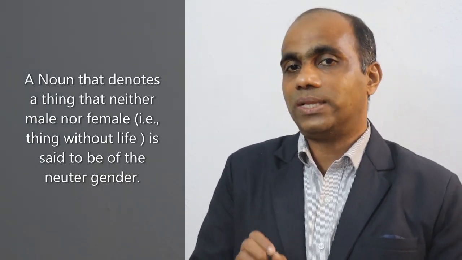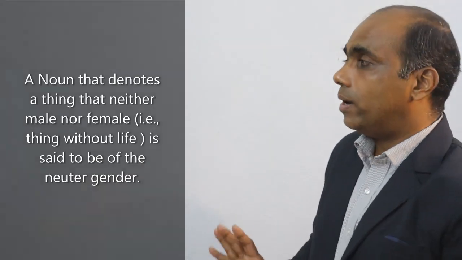So here please note the words neither male nor female. Examples: book. It is neither male nor female. Table, pen, god, school, rock, etc. Just to remember always, neuter genders are non-living things.